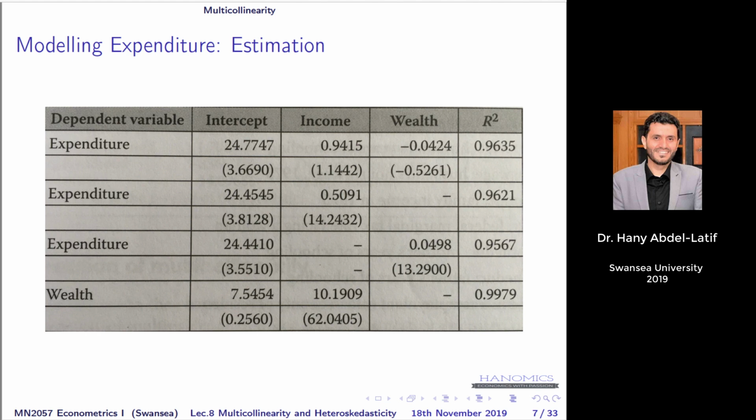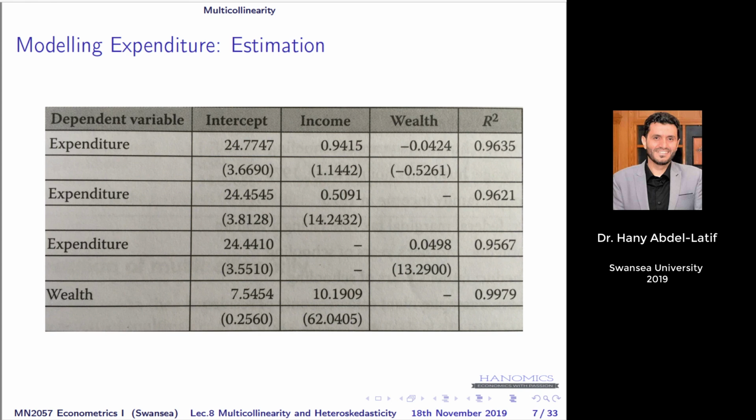So my conclusion here would be much different from what I concluded a few minutes ago, when I thought that income is not one of the determinants of expenditures because of the multicollinearity that exists, because of this linear relationship or correlation between income and wealth. So my first conclusion was wrong, just because of multicollinearity.